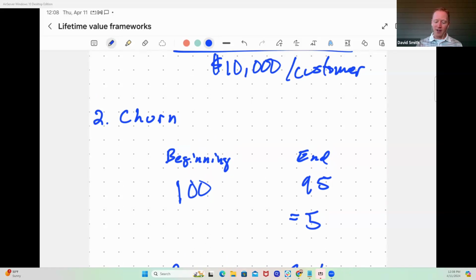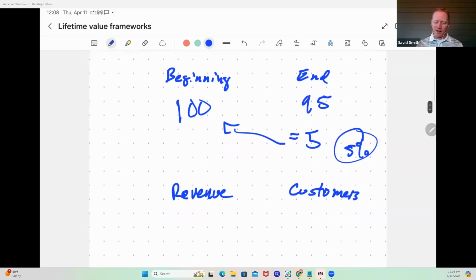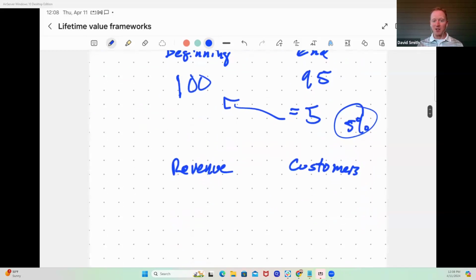So if you have 5, then you take that 5 that you lost, divide it by the number of customers you had at the beginning, and that means you had a 5% churn rate. Okay, next step. Let's look at what the average thing that you sell is and what you charge per service. So again, we'll just use a round number.